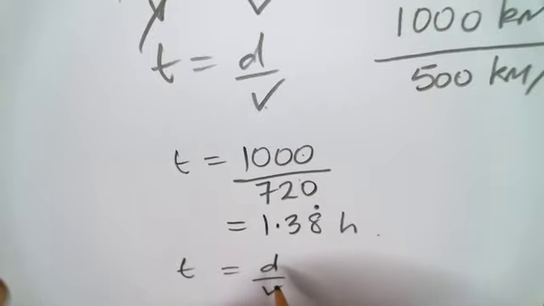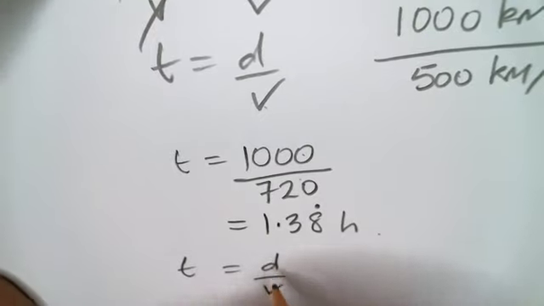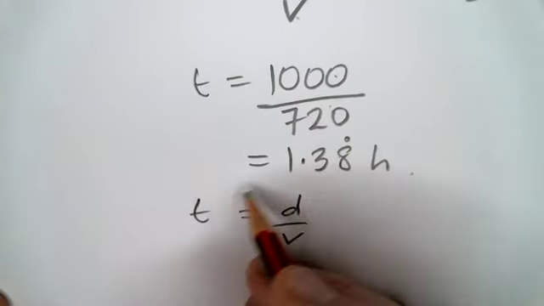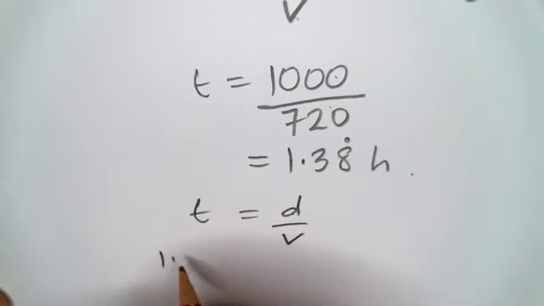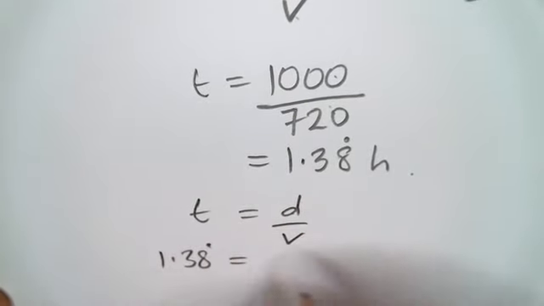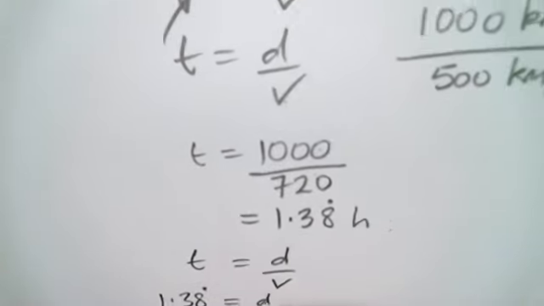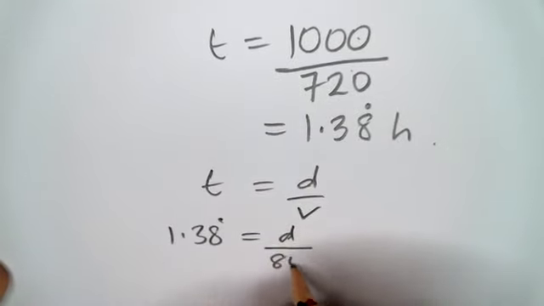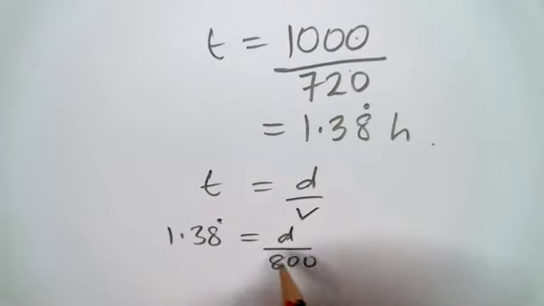This time, we do not know the distance. So I'm going to keep the time the same: 1.38 recurring is equal to the distance we don't know, on the velocity, which we do know is 800.